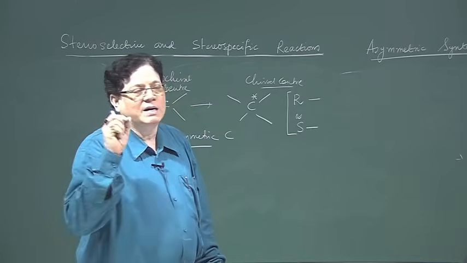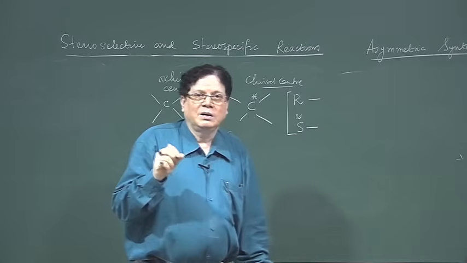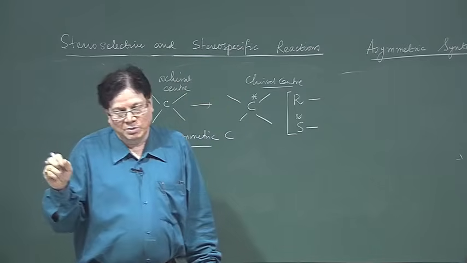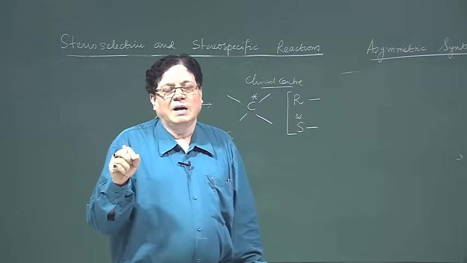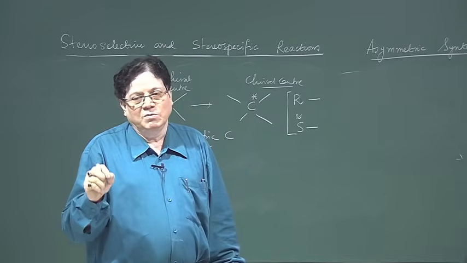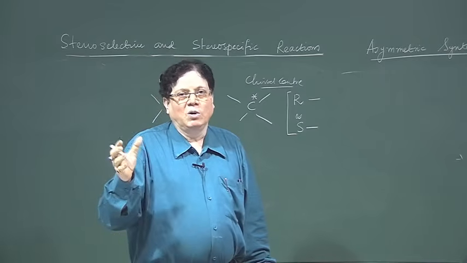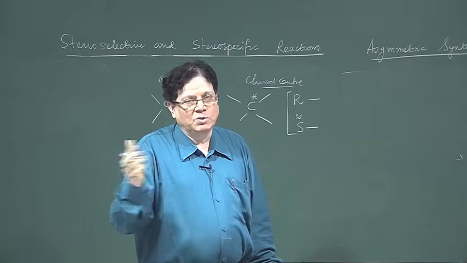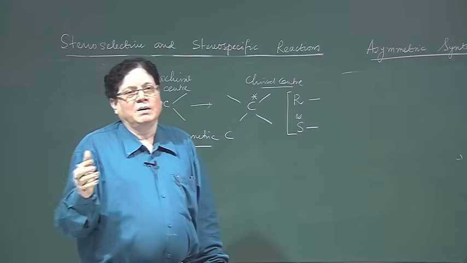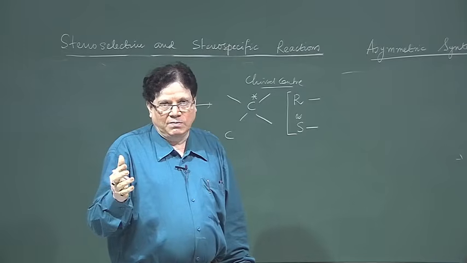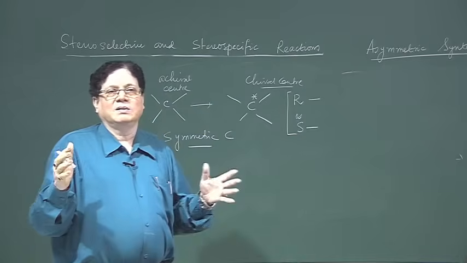So, again, if you convert an achiral carbon into a chiral carbon and get only one configuration as the major one, or even possibly 100%, then the reaction you have used to do that will be called an asymmetric reaction, and if it is part of a synthetic protocol, that is called an asymmetric synthesis. Okay.